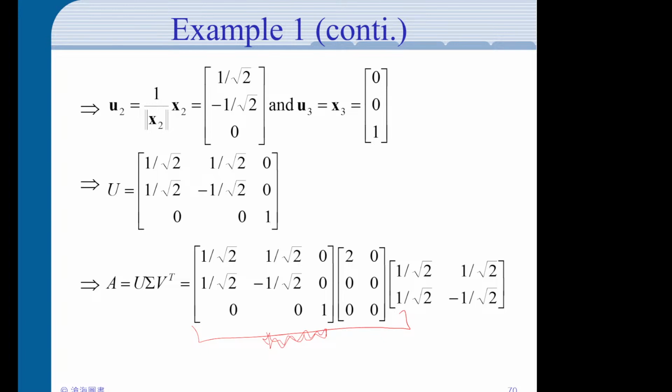You can do block multiplication, so this part multiplies the first part, and these are all 0 here. They just need to be orthogonal to satisfy that U is orthogonal, because when you do the multiplication, they are multiplied by 0.